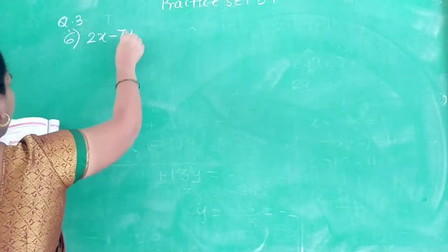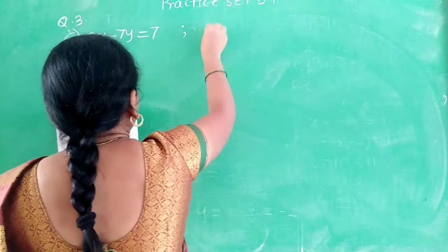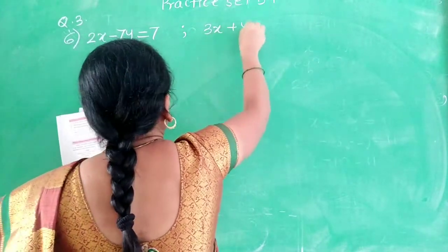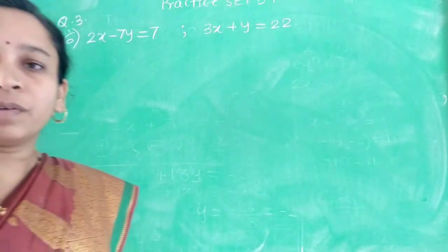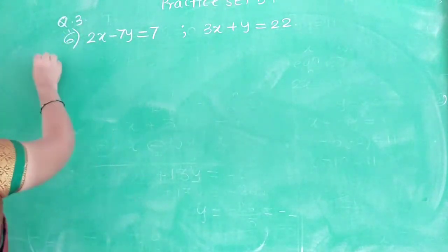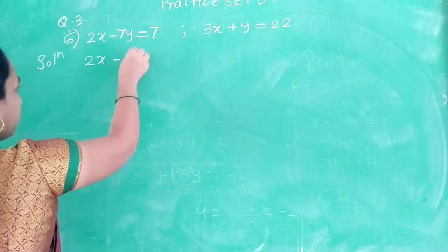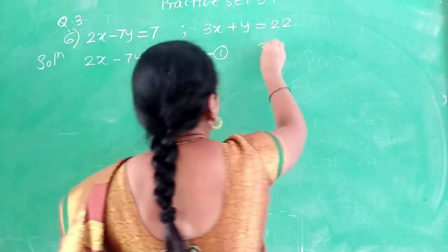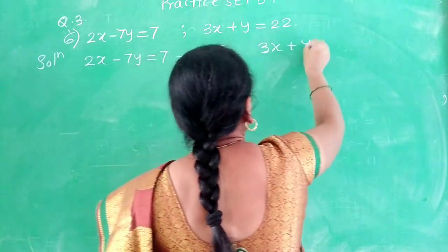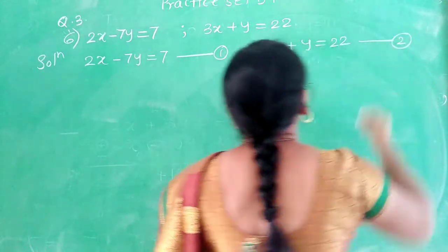Next example: 2x minus 7y is equal to 7 and 3x plus y is equal to 22. We will assign the equation numbers. So solution: 2x minus 7y is equal to 7, equation number 1. 3x plus y is equal to 22, equation number 2.